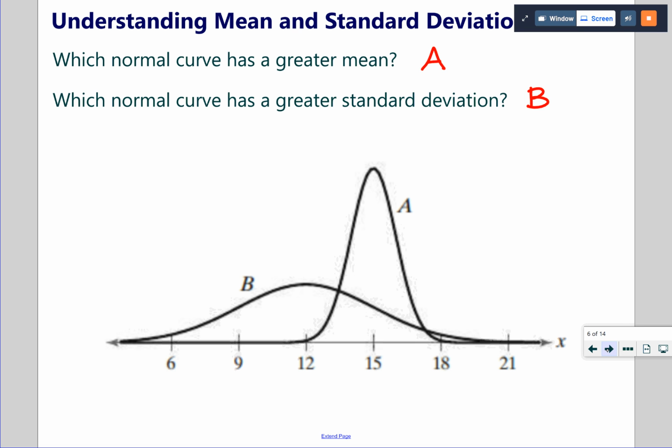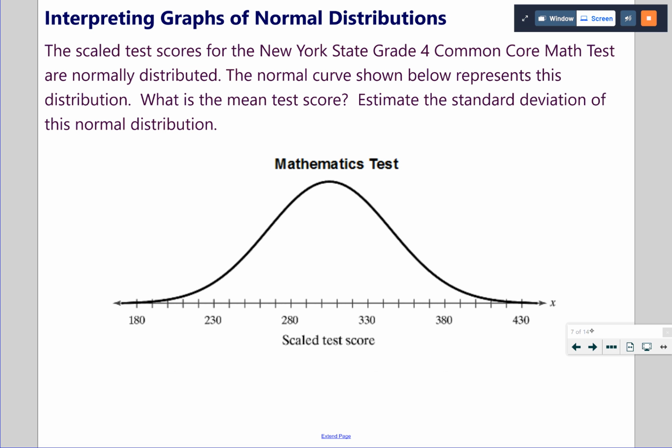Okay. Let's look at this problem. It says the scale test scores for New York State grade 4 Common Core math test are normally distributed. The normal curve shown below represents this distribution. What is the mean test score? And then estimate the standard deviation. Okay, so they don't have any lines drawn in here for you. So again, you need to approximate off of the picture. So find your line of symmetry.